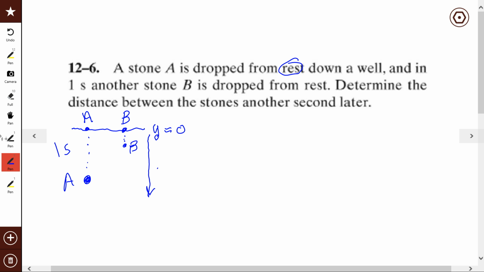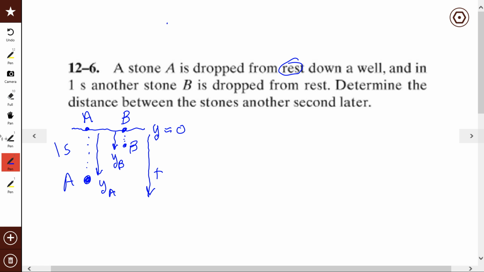I'm going to let down be positive, so anything that went down is a positive number. The distance for A is right here. I'm going to call it y subscript A, and that'll be where stone A is located, and y subscript B is going to be the distance for body B.